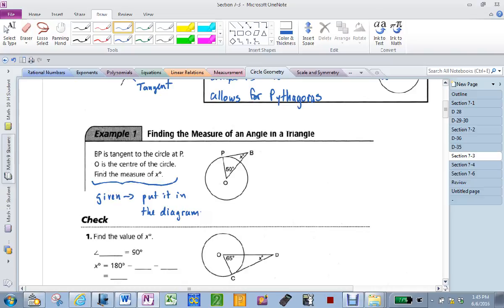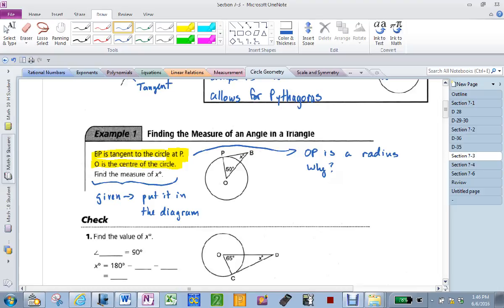So, BP is a tangent, okay? O is the center. So, when I read this, that tells me that OP is a radius. Why? How do I know that OP is a radius?